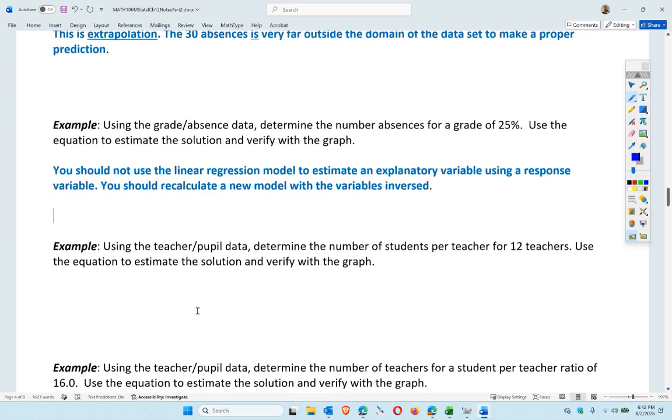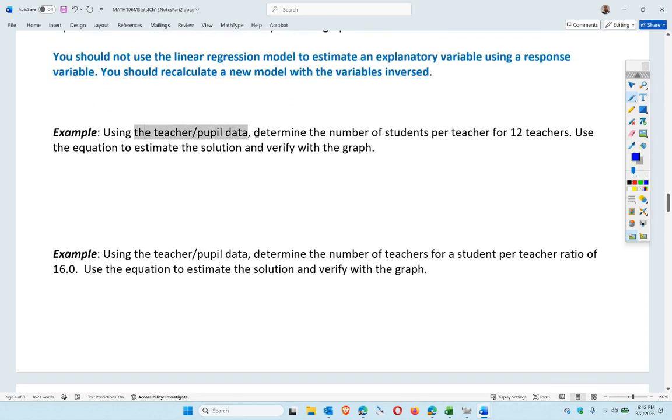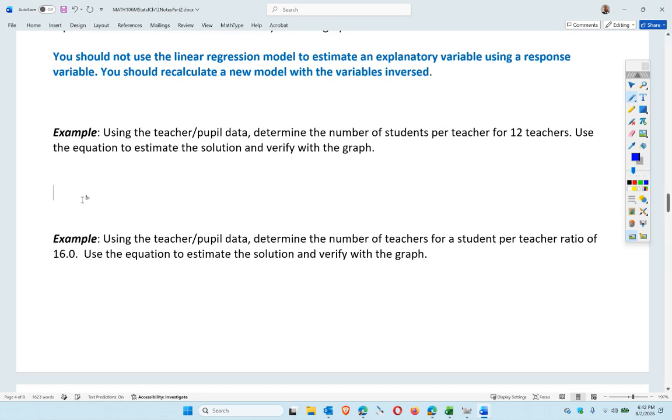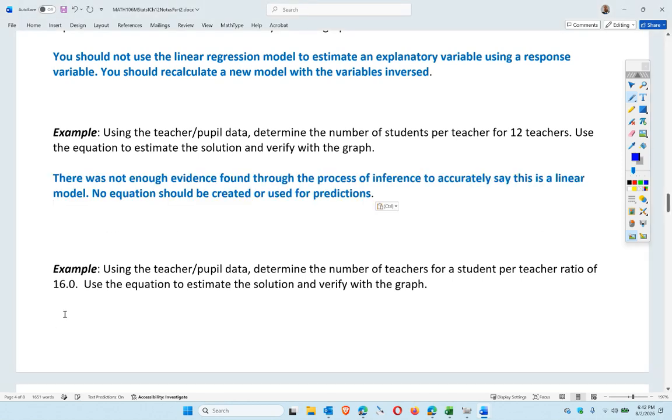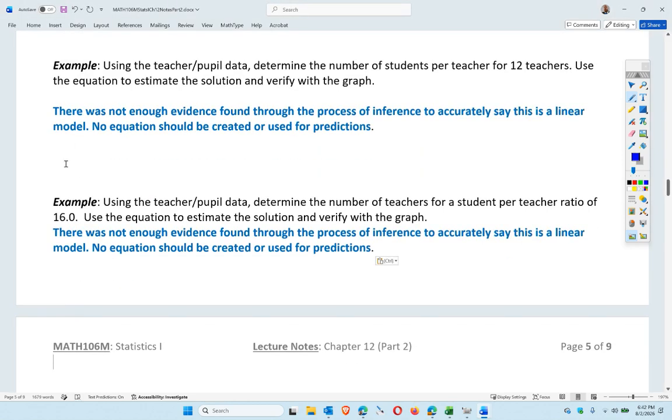The next two, use the teacher-pupil problem to estimate based on 12 teachers, and use the teacher-pupil problem to estimate based on a ratio of 16.0. It doesn't even matter what you're plugging in here, because in both cases, this fails and this fails.